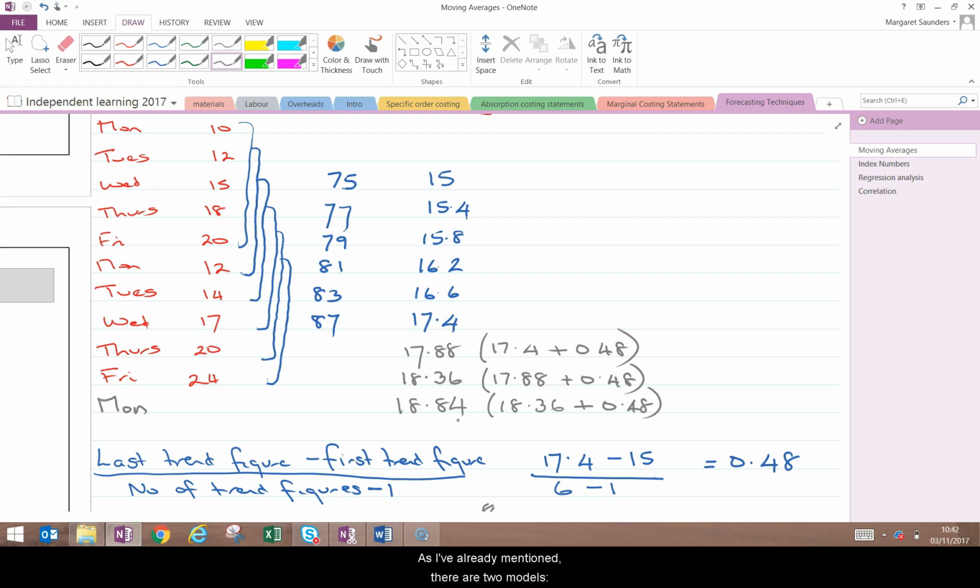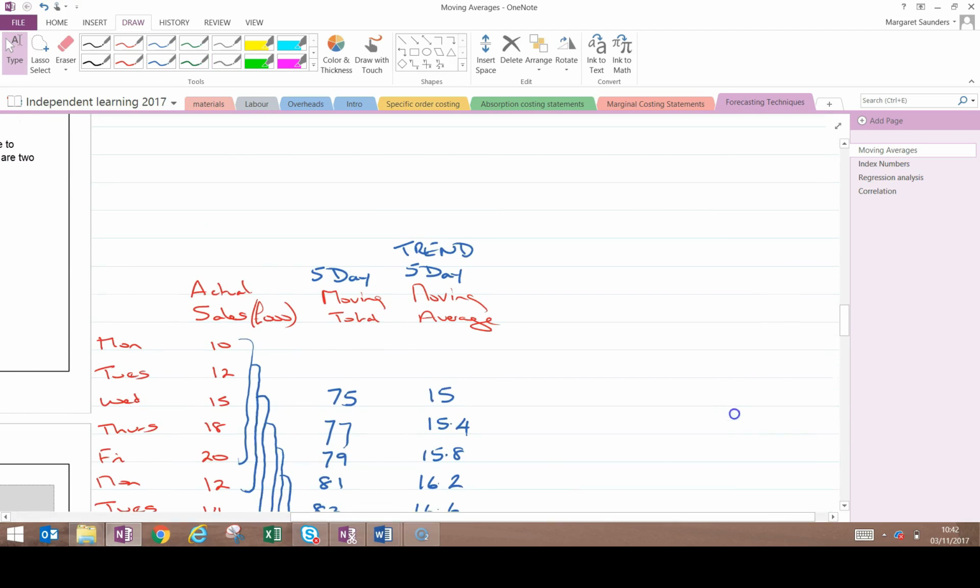As I've already mentioned, there are two models. There is the additive and the multiplicative. We'll start with the additive model. So this is the additive.